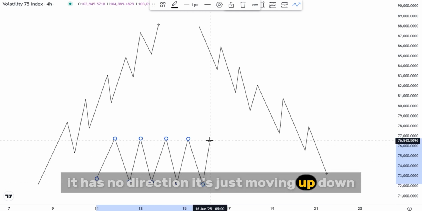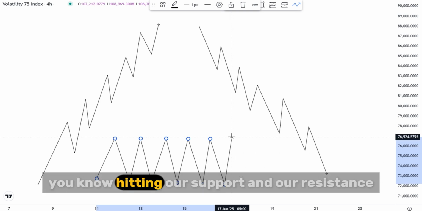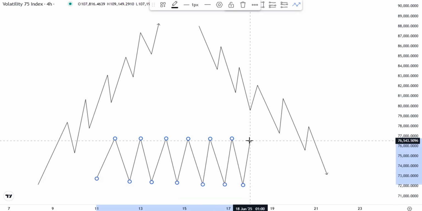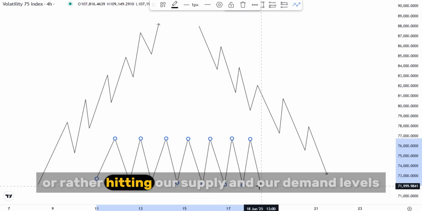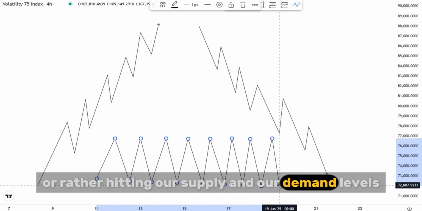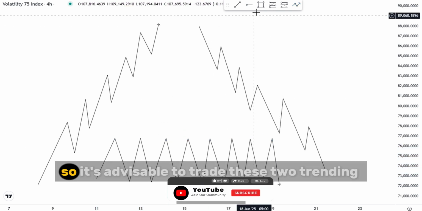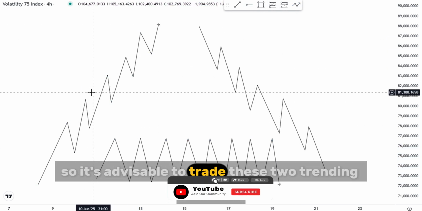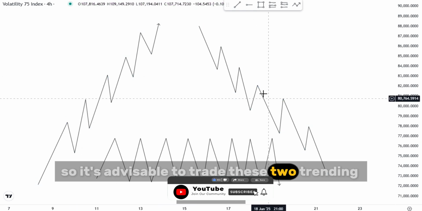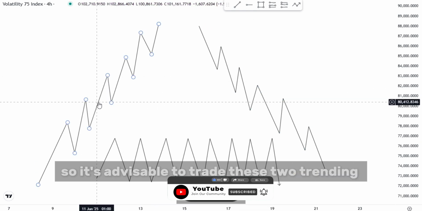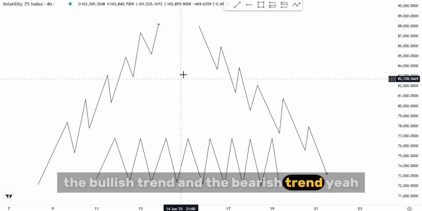It's just moving up, down, hitting our support and our resistance, or rather, hitting our supply and our demand levels. So it's advisable to trade these two trending markets, the bullish trend and the bearish trend.